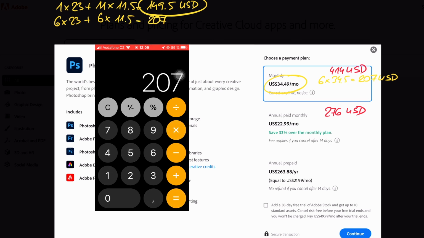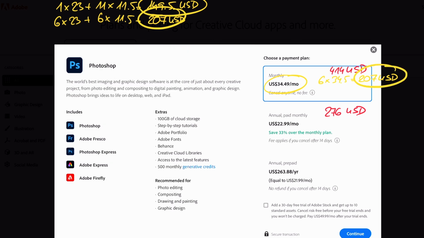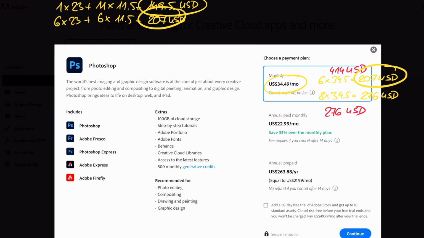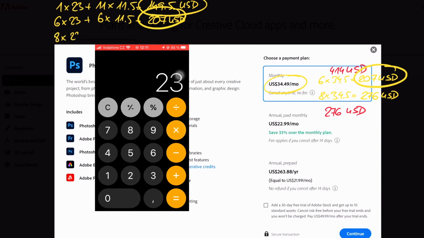It's the same $207. If we go even further, for example 8 months, it's going to be even more interesting. In case of the monthly plan, he is going to pay $276. If he has an annual plan, which is paid monthly, it's going to be 8 months at $23 and 4 months at half. That is $230.